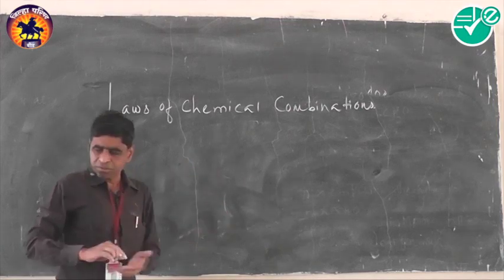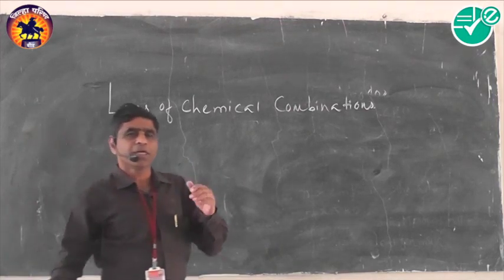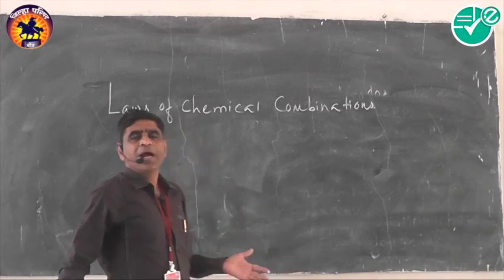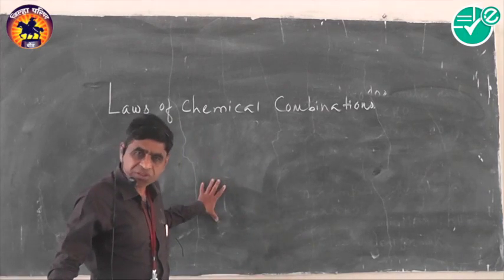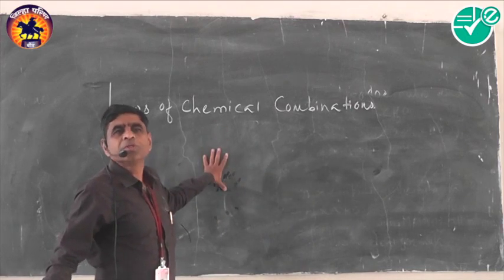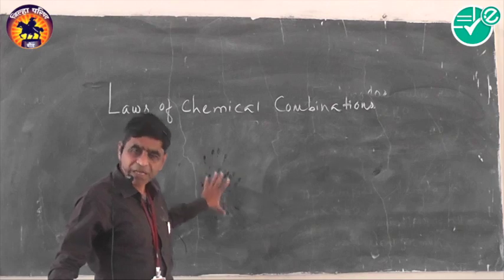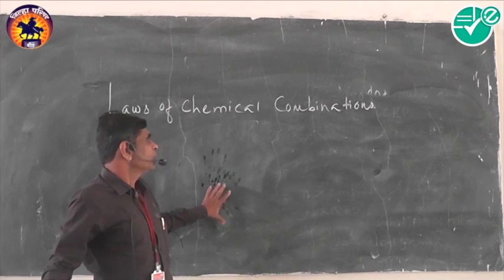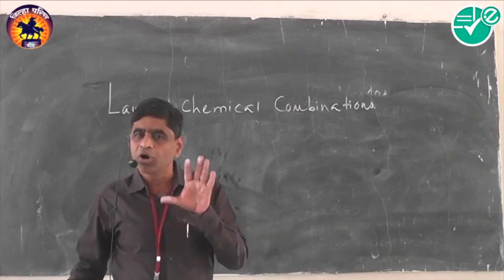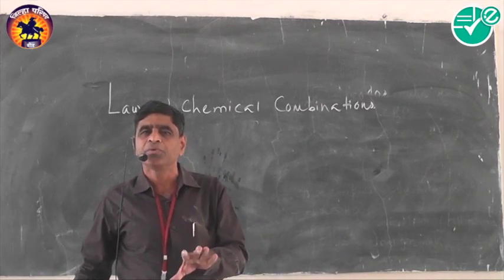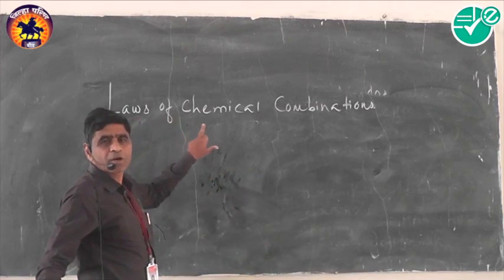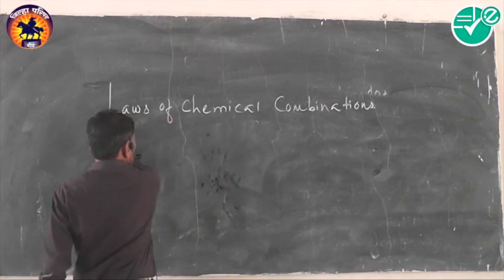So scientists analyze a given chemical reaction qualitatively and quantitatively, and they made some generalizations on the basis of qualitative and quantitative study of a balanced chemical reaction. And thus remember, the generalizations made on the basis of qualitative and quantitative analysis of chemical reaction are laws of chemical combination.